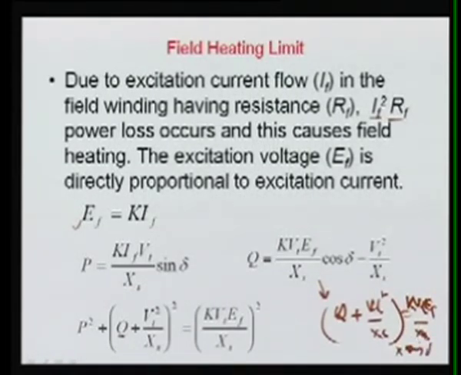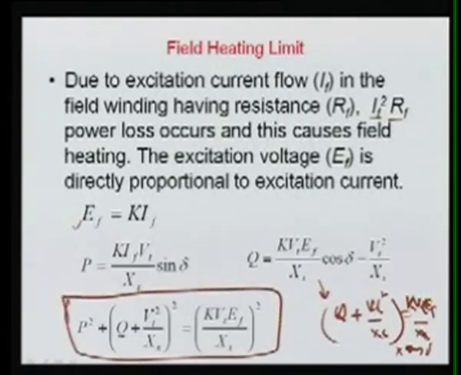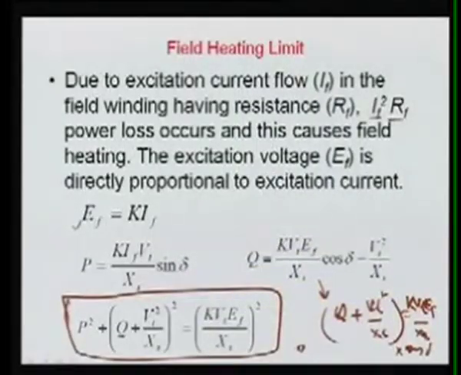And if we square and add, then we will get this expression here. Once again you can see this is an equation of a circle where the origin is 0 and minus Vt squared upon x, and the radius will be this component.